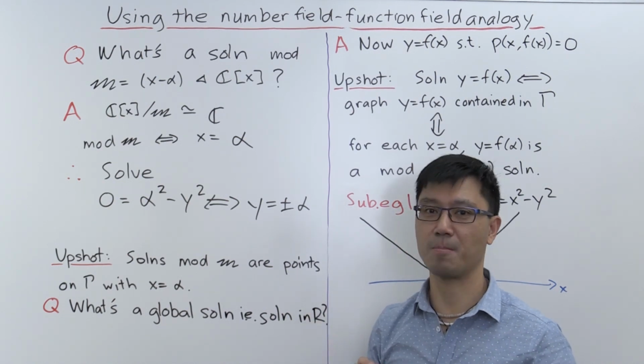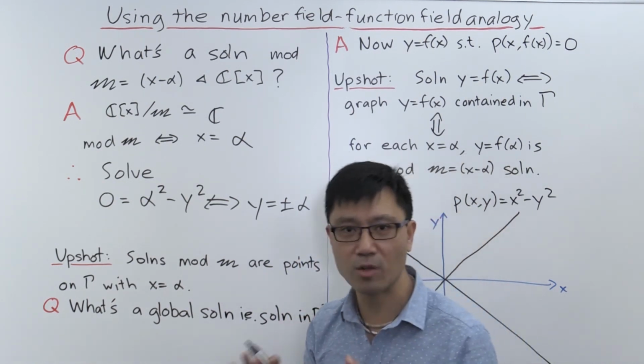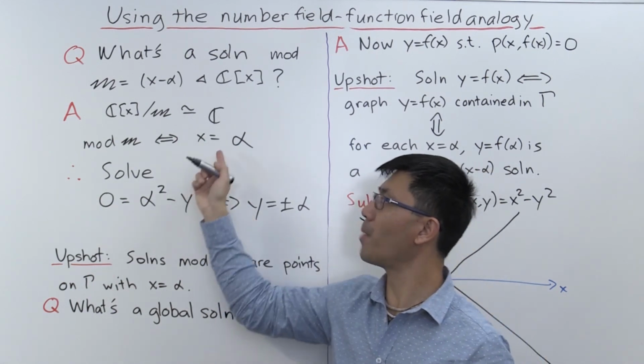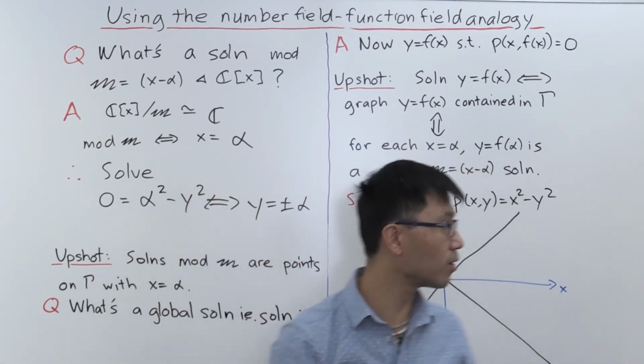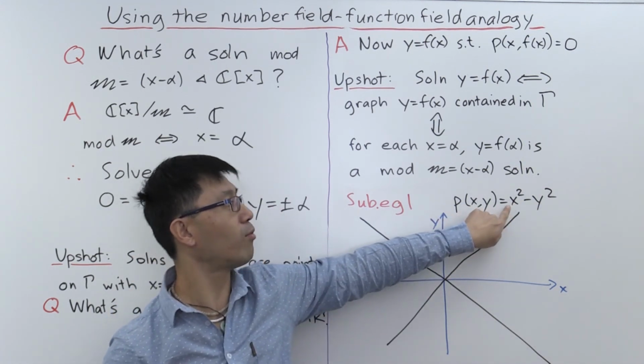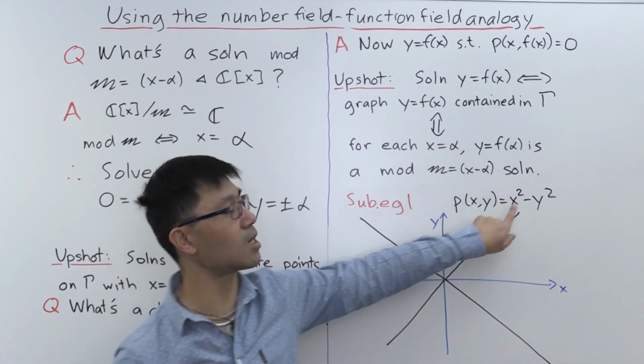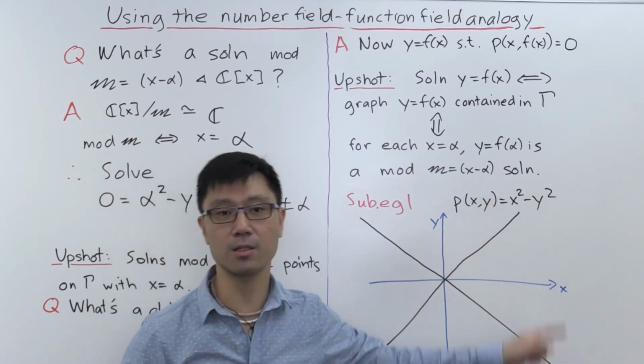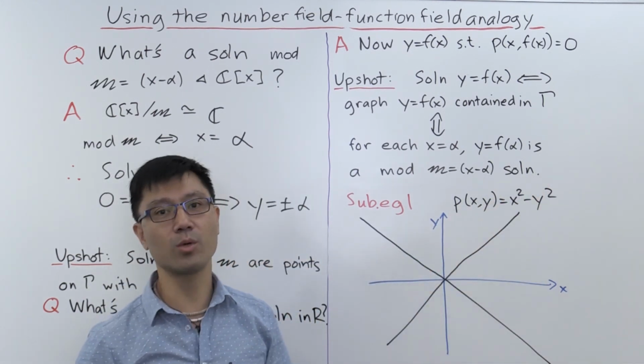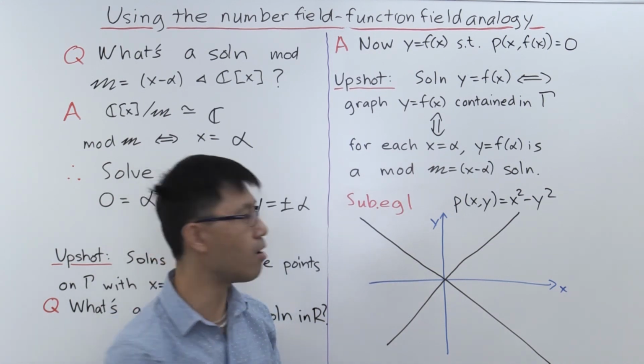Okay, so let's have a little look geometrically at what's happening. Basically what we do is we're solving for this equation here, but we just set x equal to alpha. So that means that we look at the set of all solutions, which I've graphed here as these crossing lines, and now we just look at the solutions where x equals alpha.